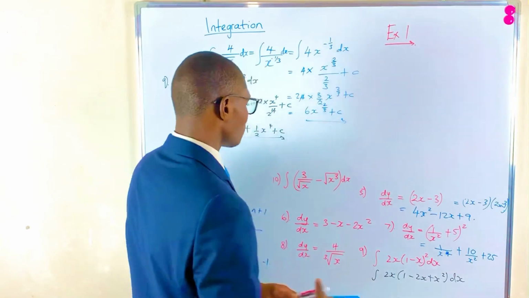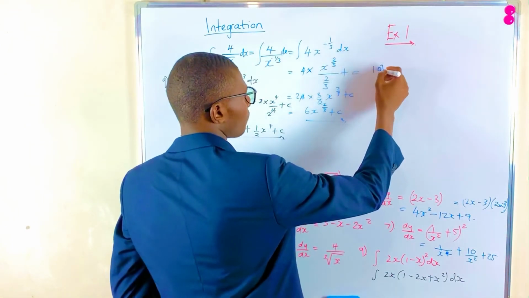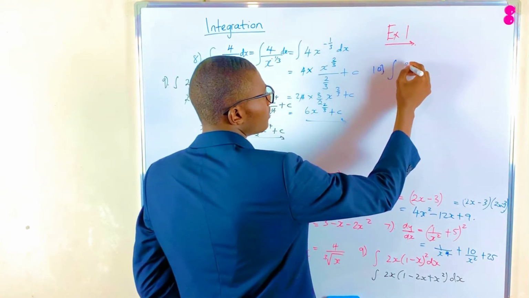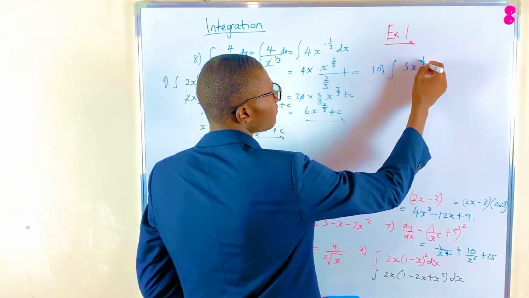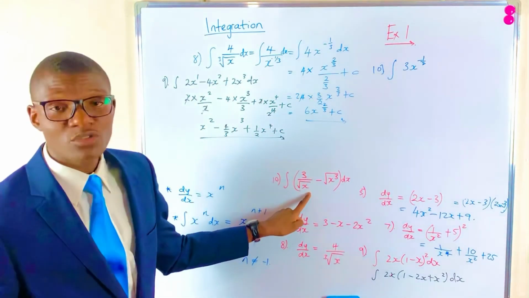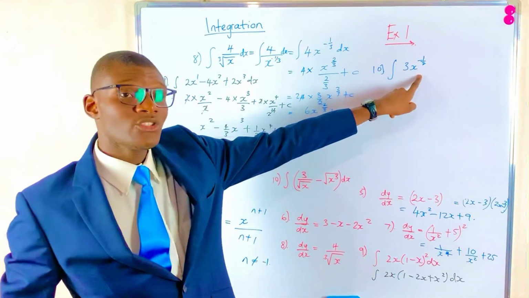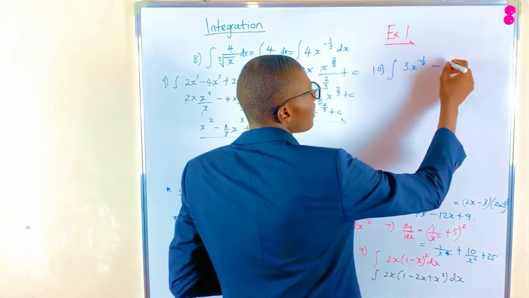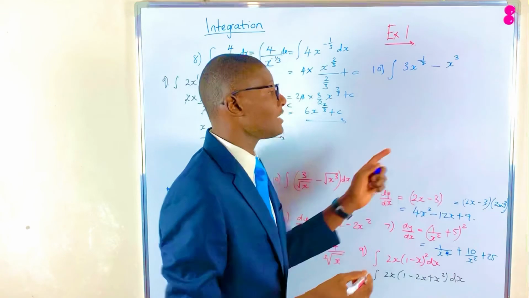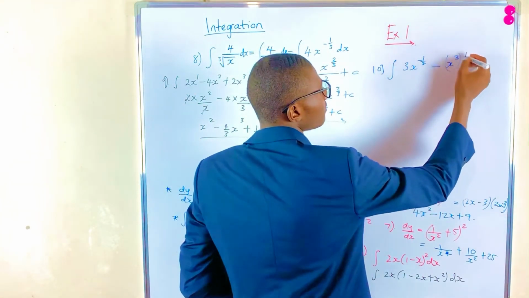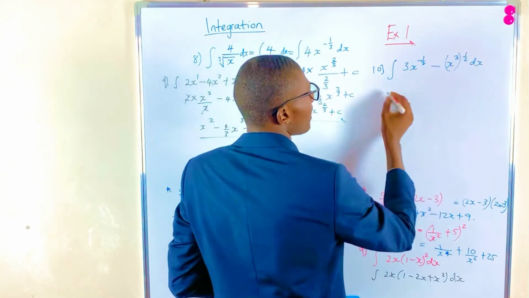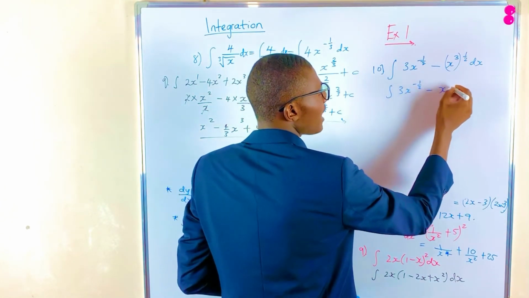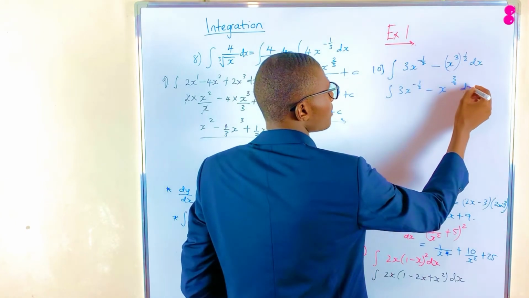So for number 10, we shall rewrite this as the integral of 3x to the power of minus half, because we know this is 3 over x to the power of half, minus x to the power of 3 raised to the power of half, and this is with respect to x. So we're saying the integral of 3x to the power of minus half minus x to the power of 3 over 2 with respect to x.